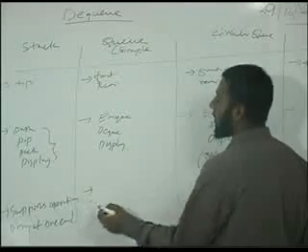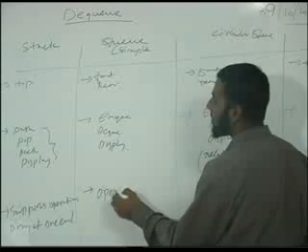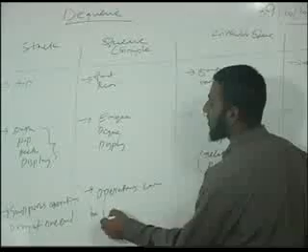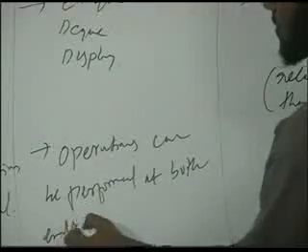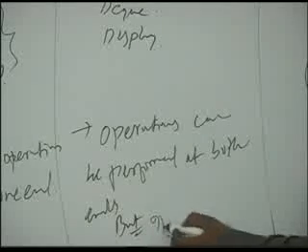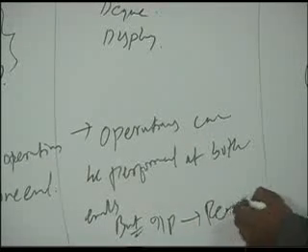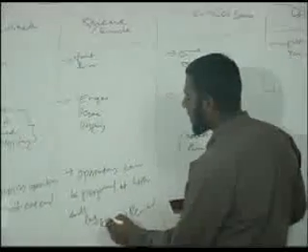Now, what is queue? Queue is a data structure in which operations can be performed at both ends, but restrictions are there. Input only from the rear end, output or delete. Input is nothing but we call it adding, NQ.